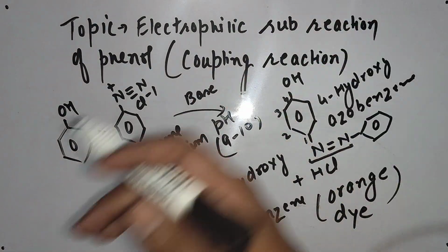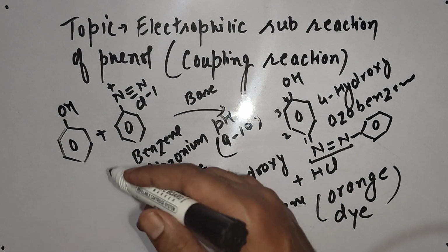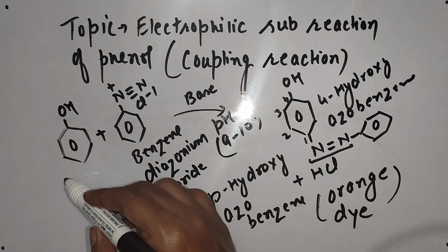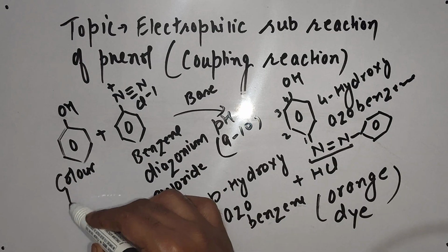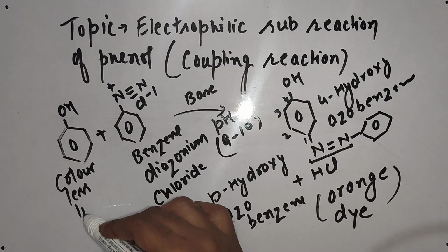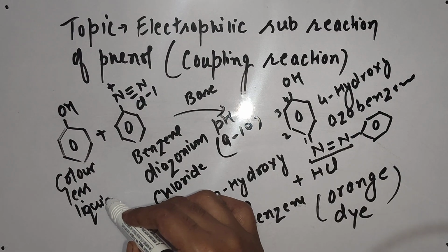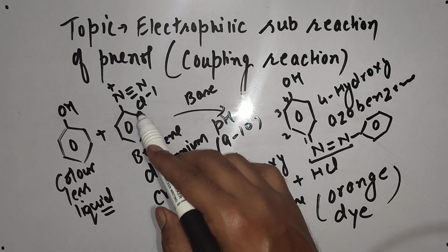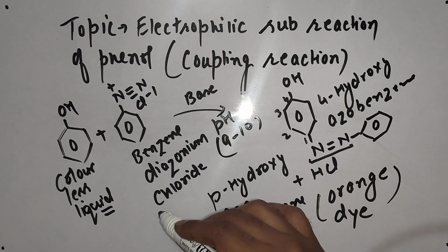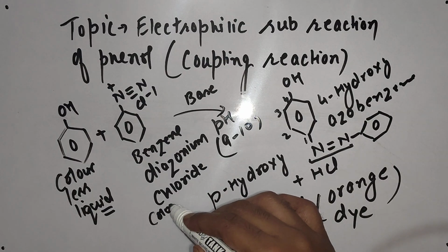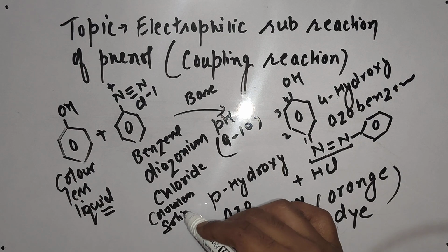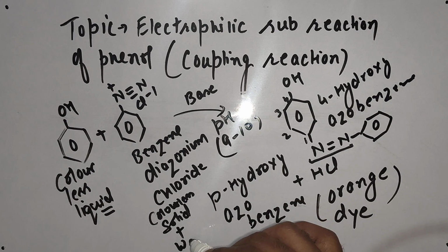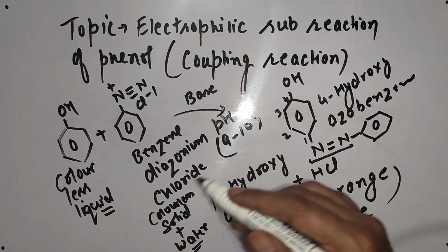Now some physical states. Phenol will work as a colorless liquid here. This compound is a colorless solid dissolved in water. This benzene diazonium chloride will be a colorless solid.